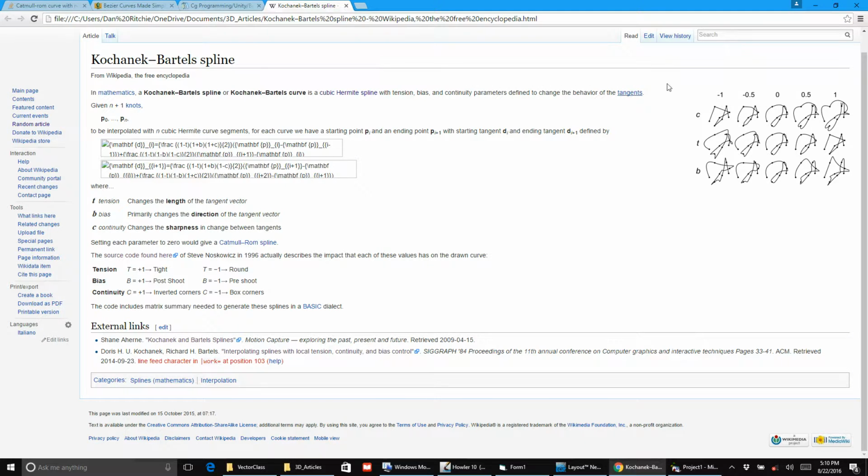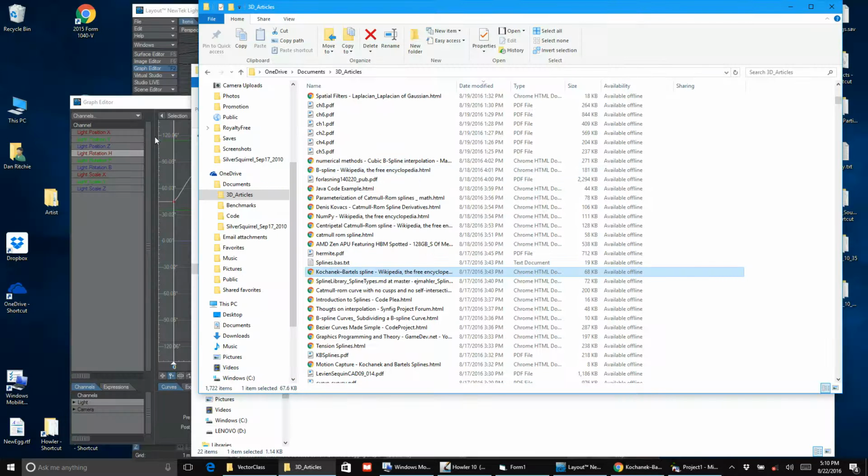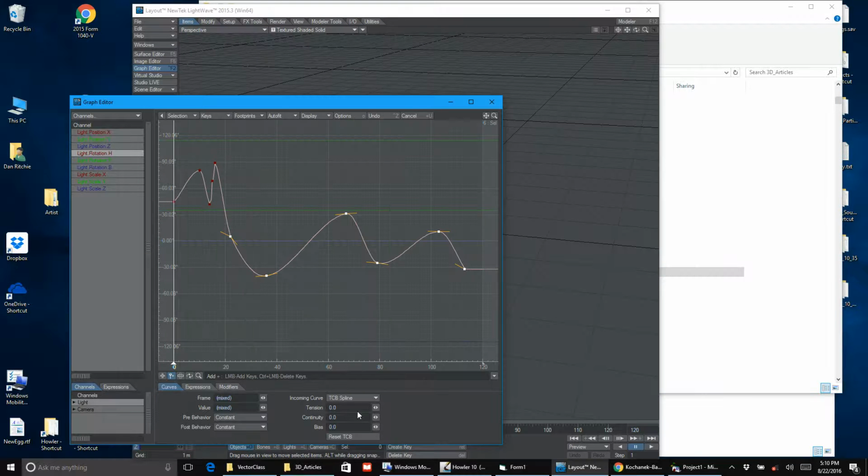Well, this is the same idea, but with a tension that you can modify, plus bias and continuity. And tension basically controls the shape of that curve, how taut it is at the data points. Continuity sort of gives it an ease, not even sure what to call that. And bias kind of makes it lopsided to one side or the other. So that's Lightwave's default.